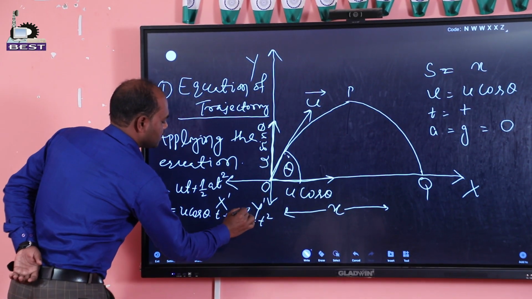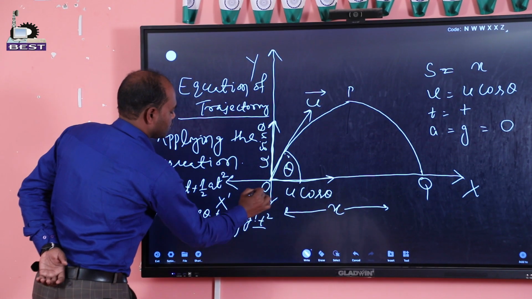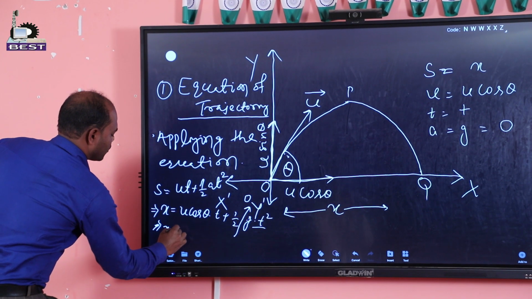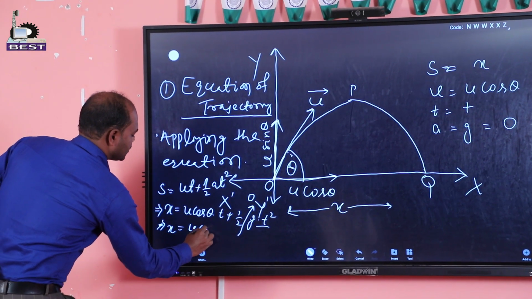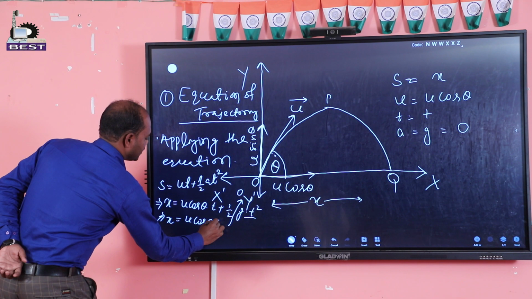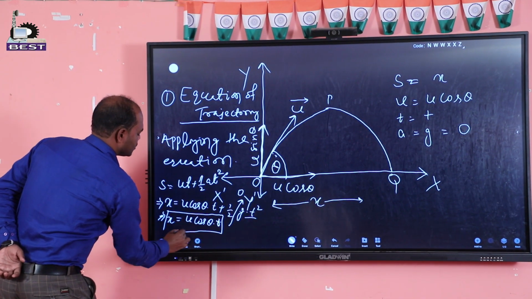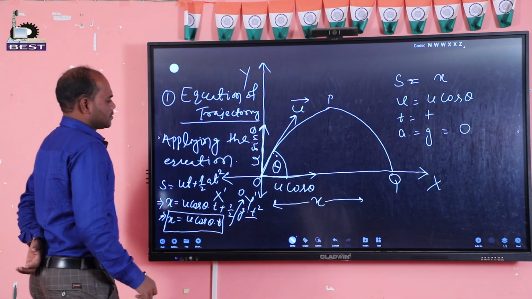Putting the value of g as 0, the term is 0, so x equal to u cos theta into t. This is the equation of the x-axis.